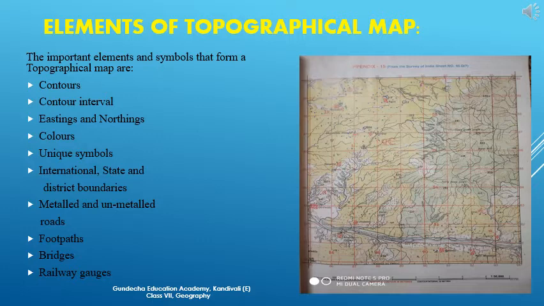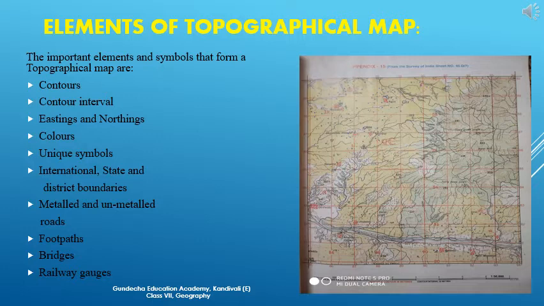In the given topographical map, can you see that the topographer used various colors and symbols to depict different features? Every sign, symbol and color has its own meaning. Now, we are going to learn about all of these.